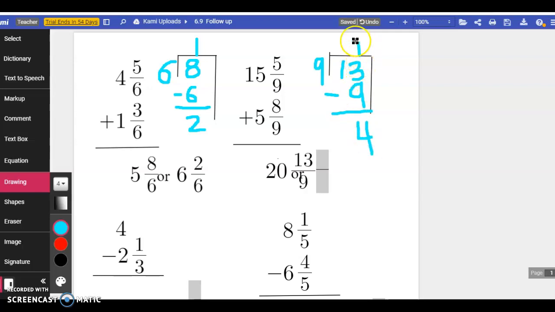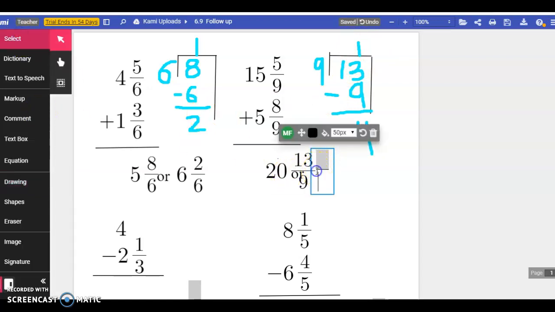So now we need to take this one whole here and add it to our 20. So that's going to make it 21, and we had 4 left over ninths. So it's 21 and 4/9.